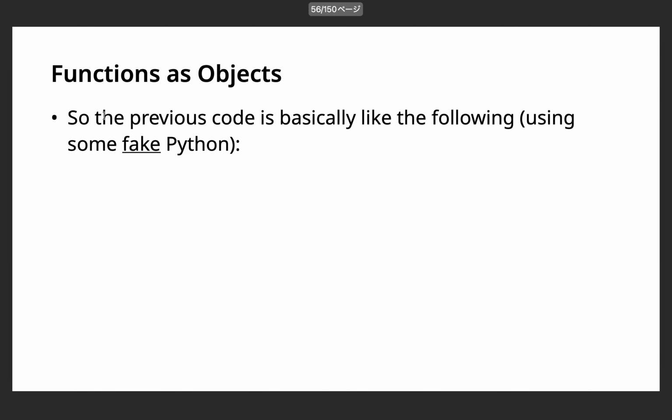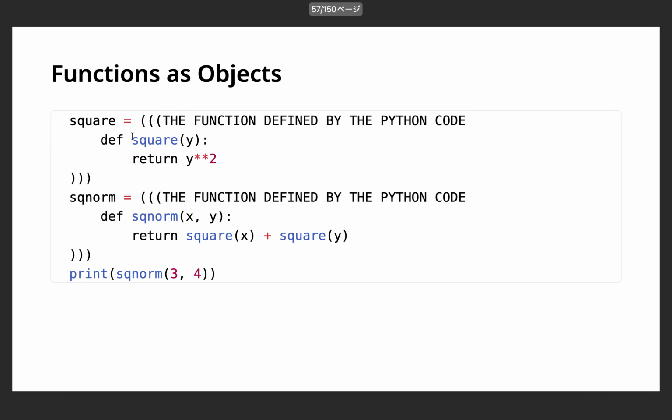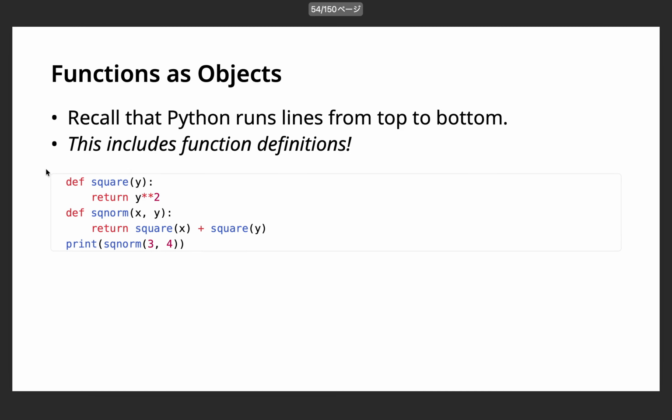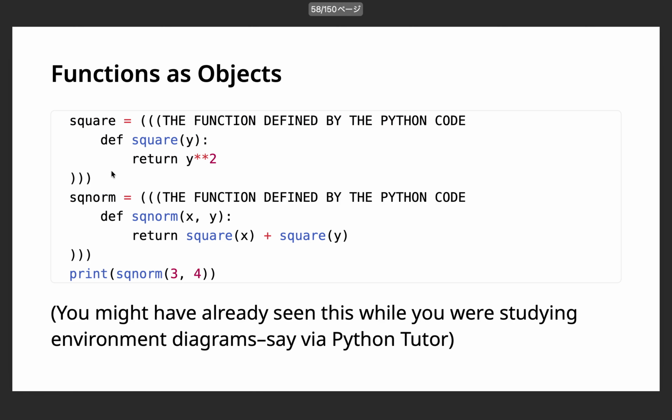So you can think of this part over here as if I wrote something like this. I have a variable square that has a value of whatever this function is meant to represent. And same thing for this square norm function over here. So what Python is actually doing when you're making function definitions like this is that there are variables and they have these corresponding values.